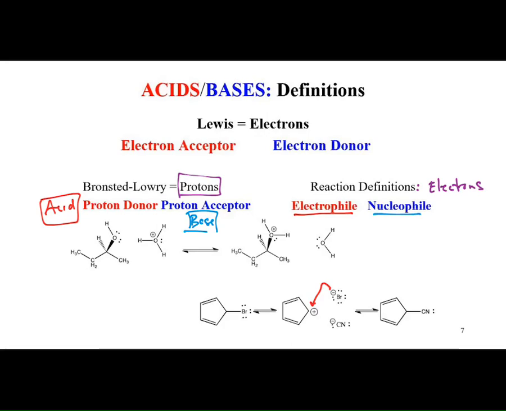So we end up skipping our Lewis definition for the most part in favor of Bronsted-Lowry acid-bases and then electrophile, nucleophile. I already started to at least hint at the reactions down below, but we've got technically 3 reactions shown. Go ahead and label them out using curved arrows and label as either acid, base, or electrophile, nucleophile.